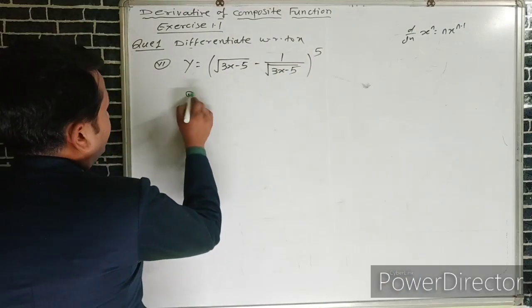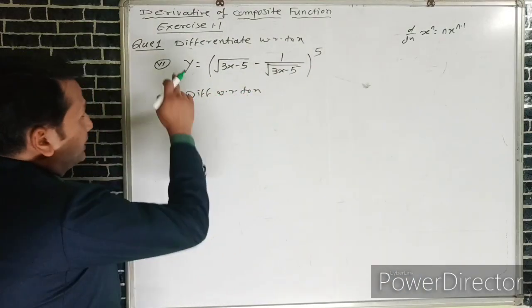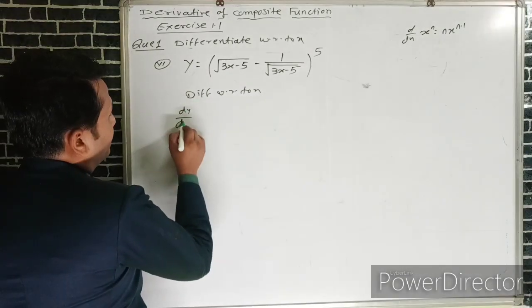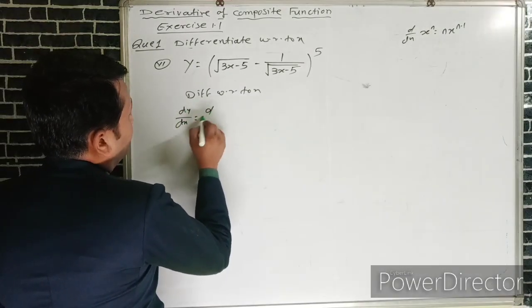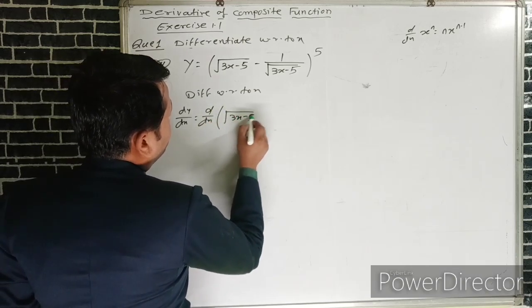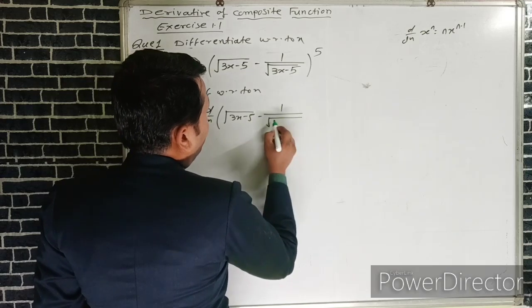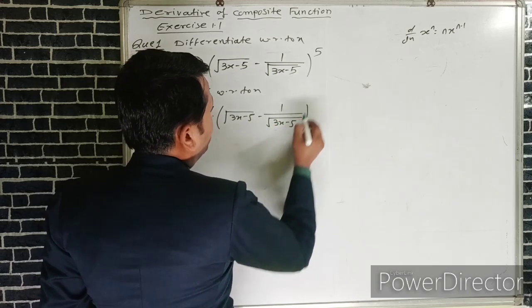If we differentiate the given function with respect to x, then dy upon dx is equal to the derivative of (√(3x − 5) − 1/√(3x − 5)) whole raised to the power 5.